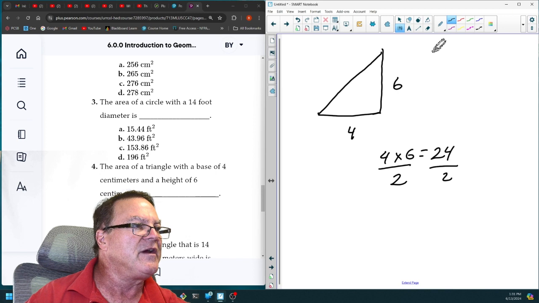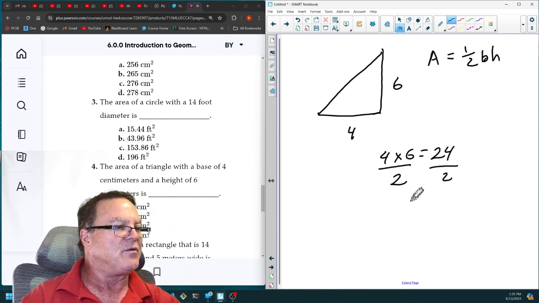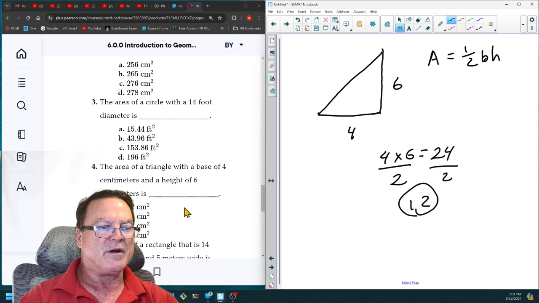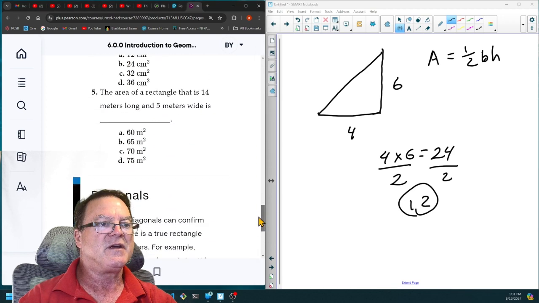Remember, the area of a triangle equals 1/2 times the base times the height. So I've got 12 centimeters squared. Okay, that's our answer, 12 centimeters.